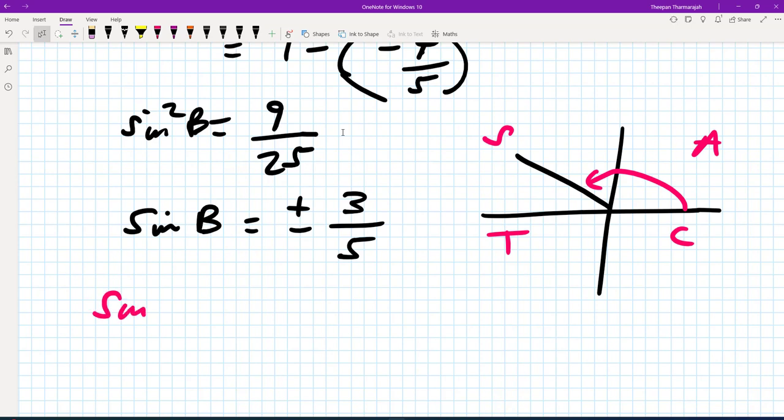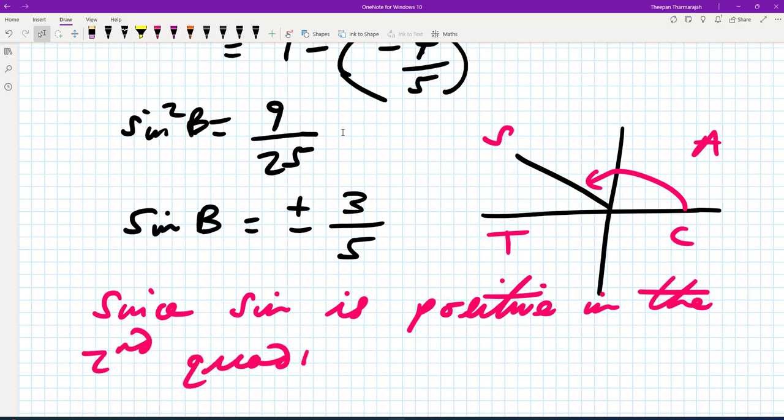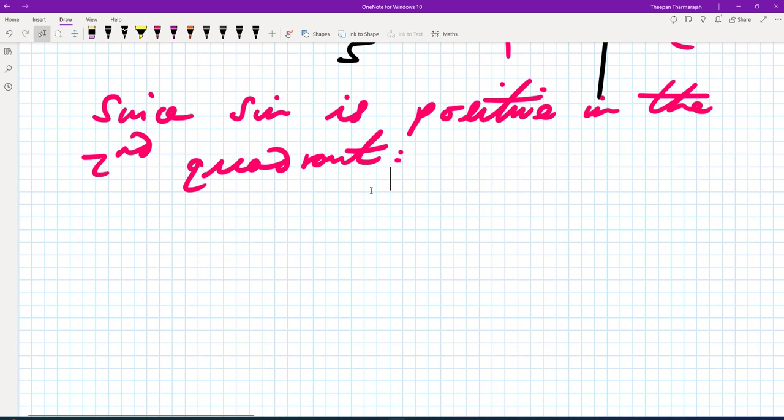So since sine is positive in the second quadrant, we can conclude that sine B must be positive 3/5.